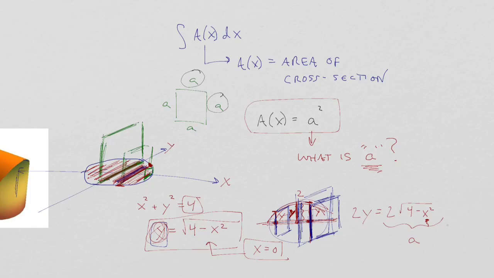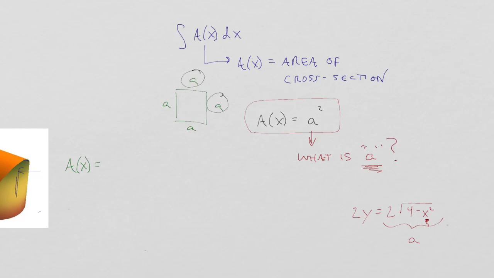I can substitute my 2 times the square root of 4 minus x squared back in for A, and that will give me my A of x statement. So I'm going to write A squared, but instead of A, I'm going to write all this, 2 times the square root of 4 minus x squared.